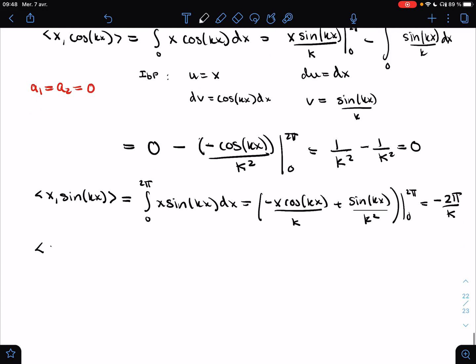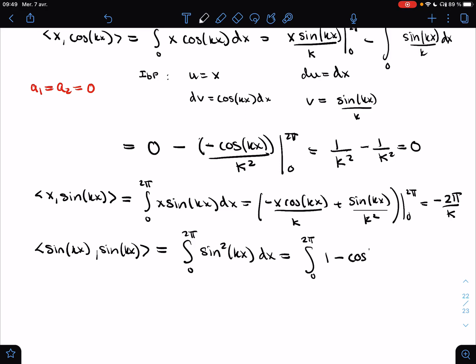I have to compute the denominator, which would be the integral from 0 to 2 pi of sine squared of kx. This is again one of the integrals that you learned in Cal 2. Whenever you have an even power of sine, you should use this identity, you just double the angle.